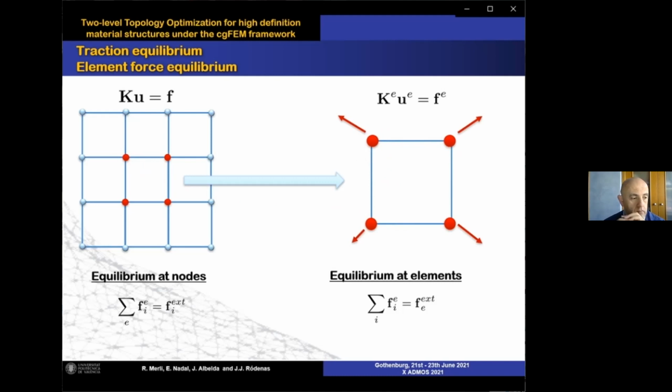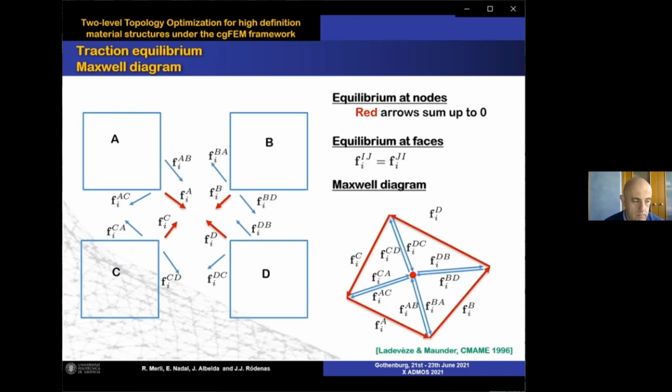Then, from this, it's possible to obtain the equivalent forces that are in equilibrium with the neighbor elements, side by side. Okay, this is done thanks to the Maxwell diagram that was introduced by Ladevèze and Maunder some years ago.